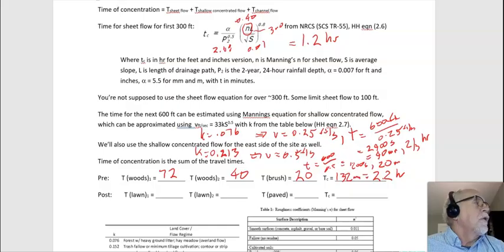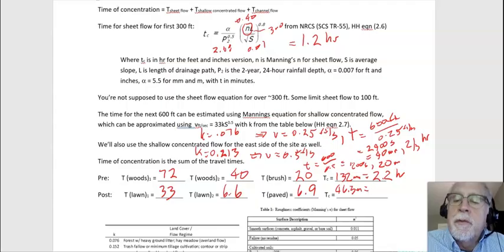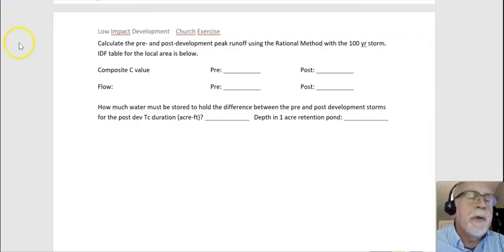This was actually 32.8, so that comes to 46.3 minutes, which is 0.77 hours. In a few minutes we'll use those times of concentration to come up with the I values for our Q equals CIA. Let's calculate the C value to start with.